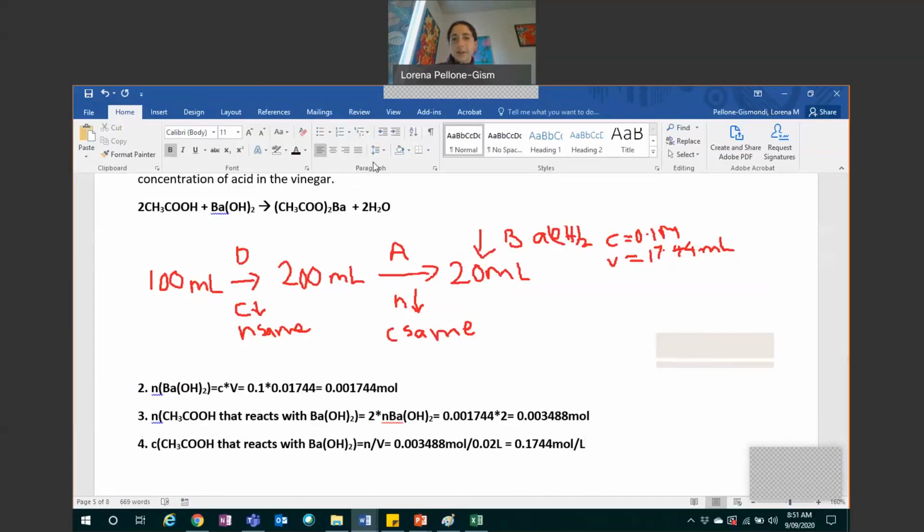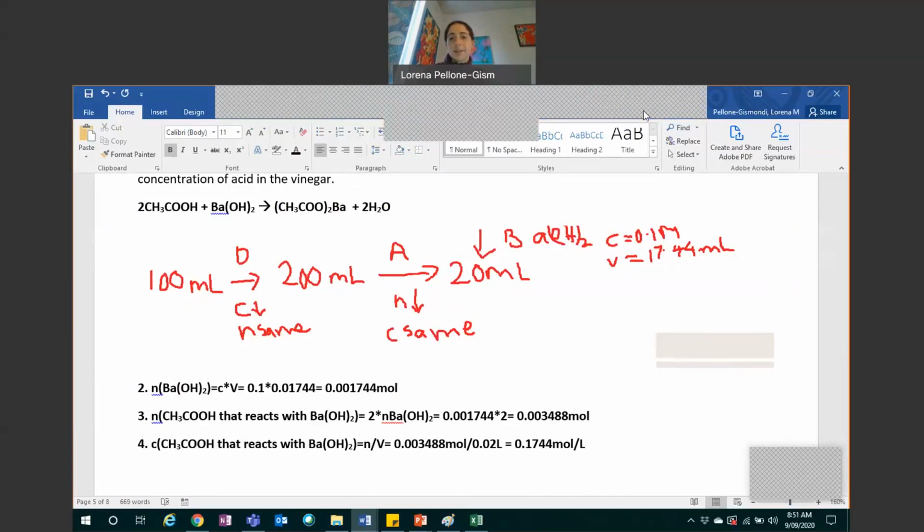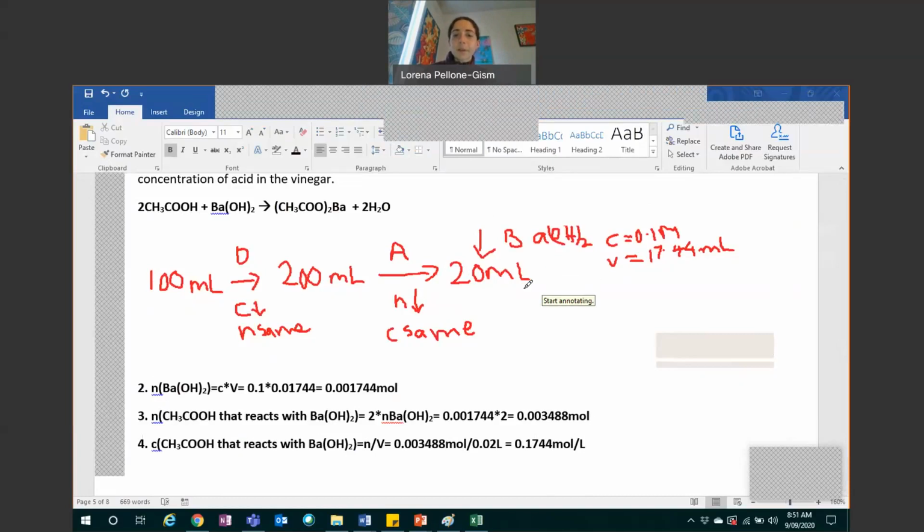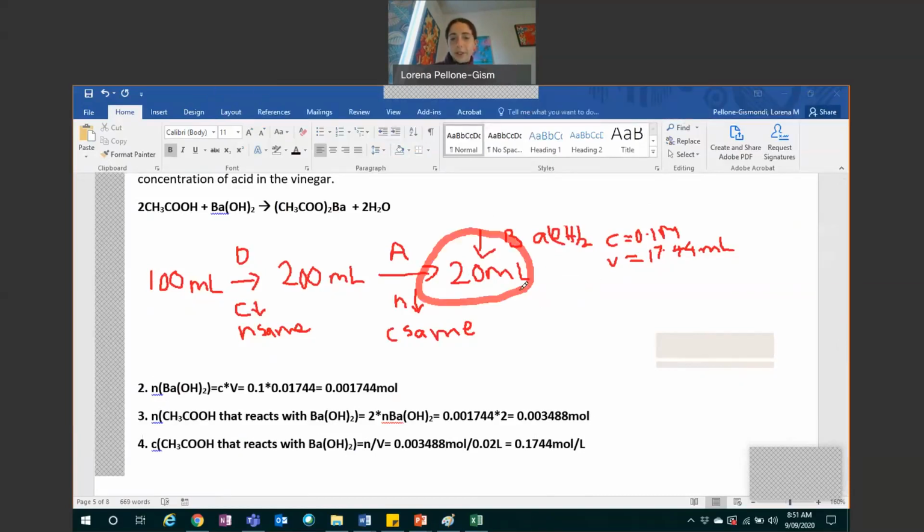Let's have a look to see if it's the concentration in the original. So we've worked out the concentration in here. We know from our flow chart that when we take an aliquot, the concentration stays the same. So the concentration in here will be also 0.1744 moles.